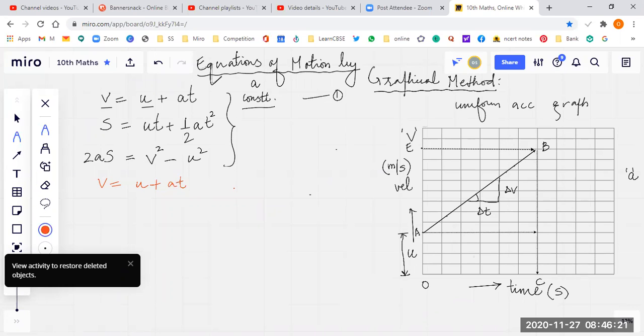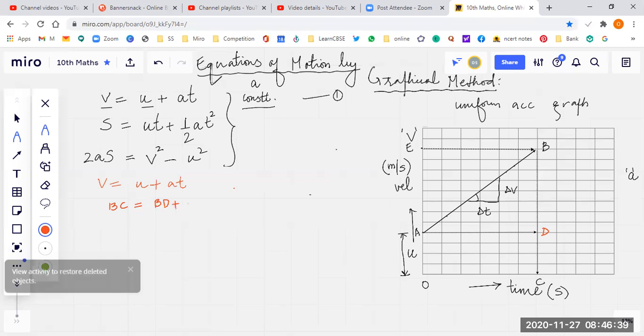And you can see from the graph, students, that BC is equal to BD plus DC. Now if ADCO is a rectangle, DC is equal to AO. So BC is BD plus AO.